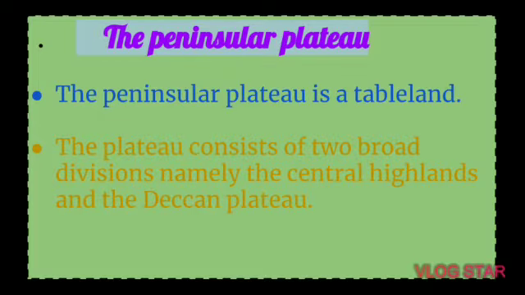Next one is the Peninsular Plateau. The Peninsular Plateau is a tableland. The plateau consists of two broad divisions, namely the Central Highlands and the Deccan Plateau. The Peninsular Plateau is divided into two parts. One is the Central Highland and the other one is the Deccan Plateau.